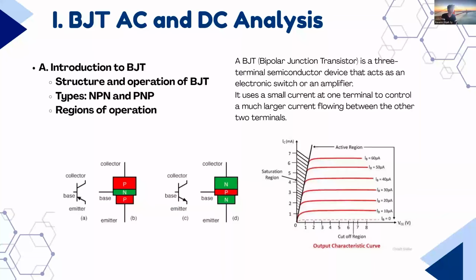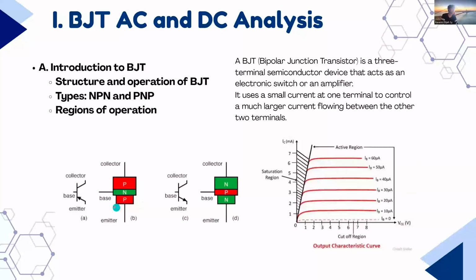BJT comes in two types, or two flavors, depending on how those layers are stacked. So we have the NPN type transistor. A P-type layer is sandwiched between two N-type layers. Current flows into the base to turn it on, and then the main current flows from collector to emitter.